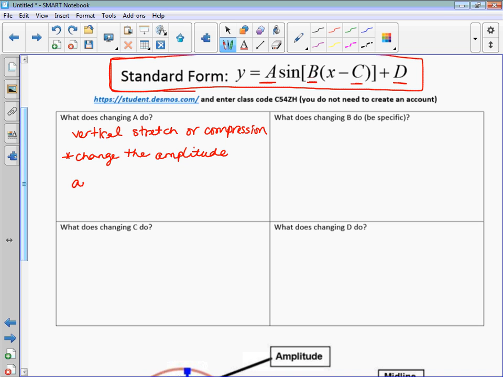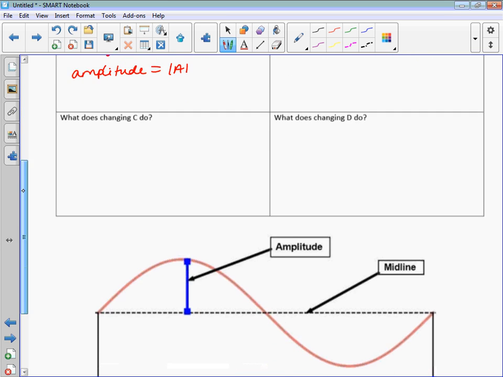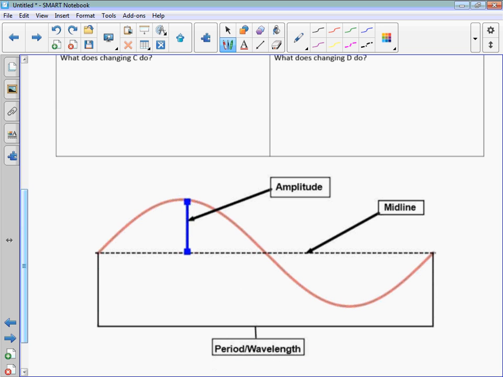So amplitude is always equal to the absolute value of A. Okay, amplitude is never negative. So if you look down at that graph at the bottom, amplitude is like half the height of your graph. So it's from the midline to the top. That's what amplitude is.